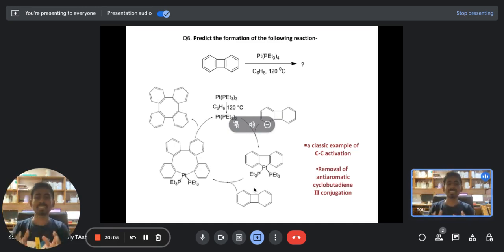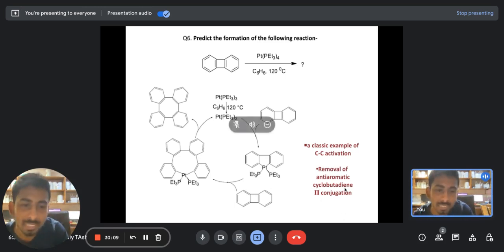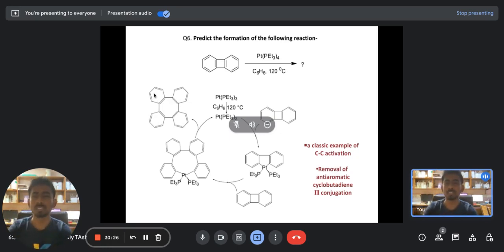Now this is a classic example of C-C activation, where removal of anti-aromatic cyclobutadiene pi conjugation will happen. You see, from this cyclobutadiene pi conjugation, they are producing this, where all the four rings are aromatic in nature, because these are benzene rings, 6, 6, 6, 6.